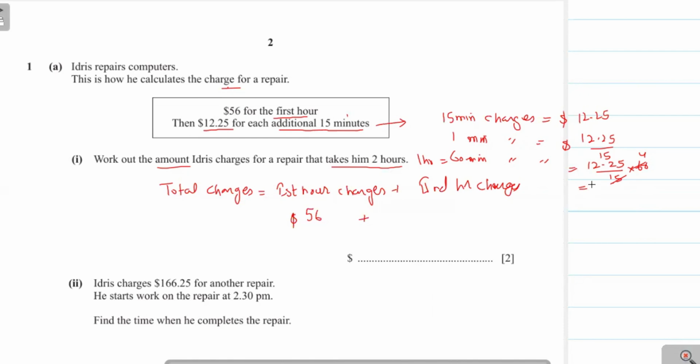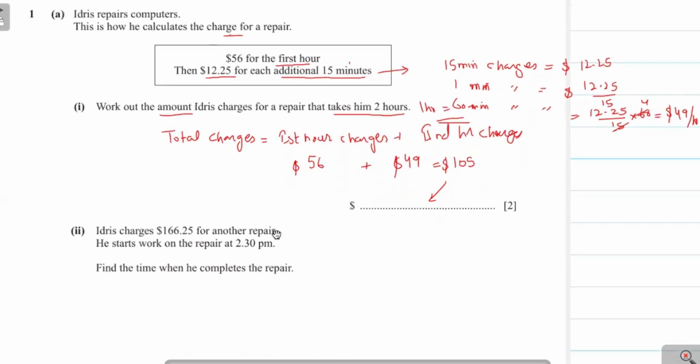So 12.25 multiplied by 4 is equal to 49, and we write here $49 per hour. This is the additional time rate. Now the second hour rate will be 49. Therefore, 56 plus 49 will be equal to $105. And this is the answer.